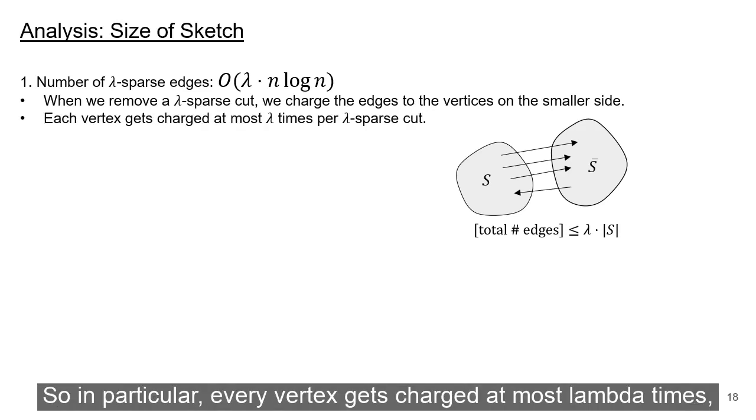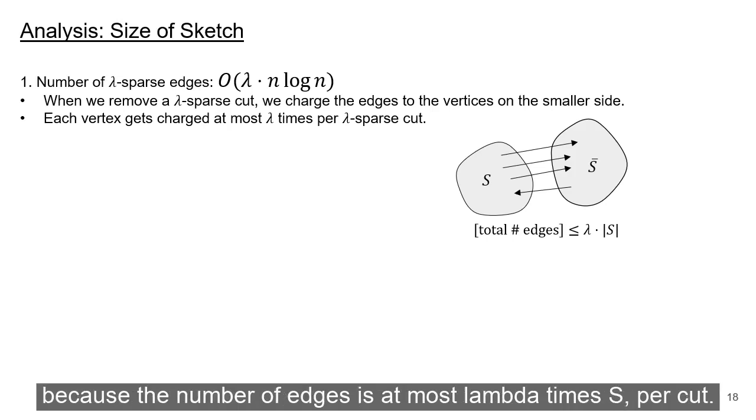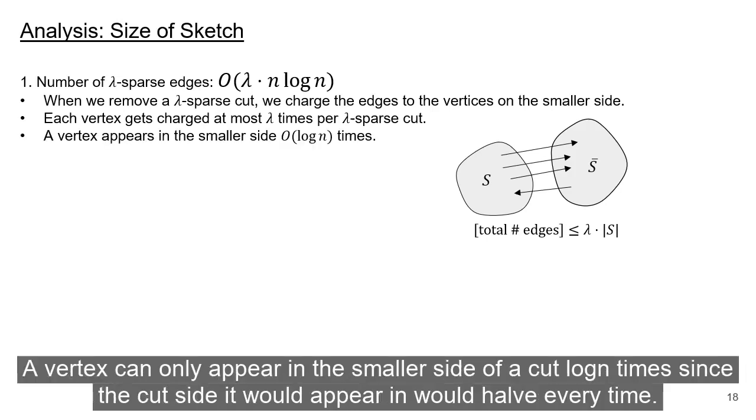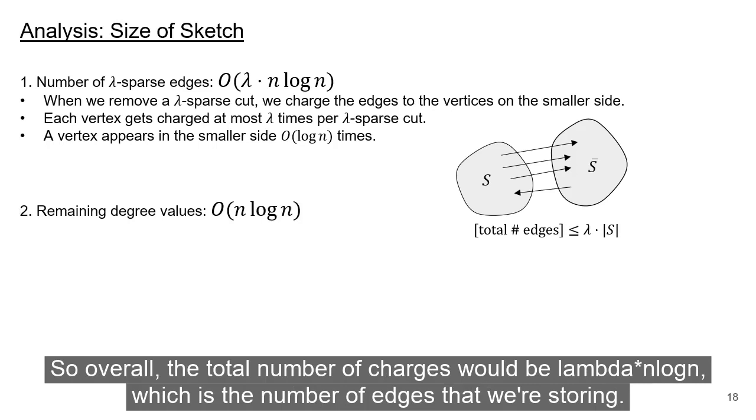In particular, every vertex gets charged at most lambda times, because the number of edges is at most lambda times the size of S per cut. A vertex can only appear in the smaller side of a cut log n times, since the side it appears in would halve every time. And so overall, the total number of charges would be lambda n log n, which is the number of edges that we're storing.